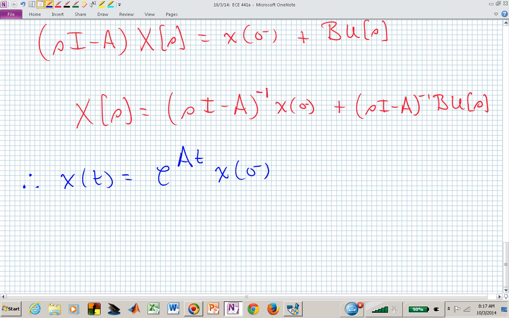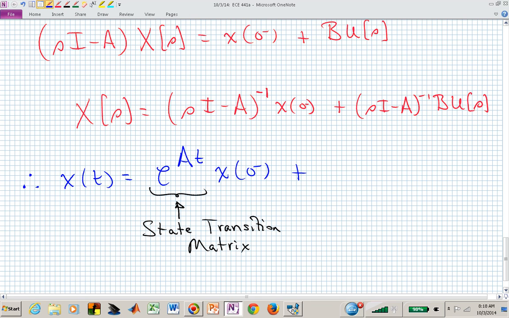That's the first half, where we're reminding ourselves that this is the state transition matrix, which also appears in the second piece, inside this convolution integral, because we now have two functions of s that are multiplied in the frequency domain.